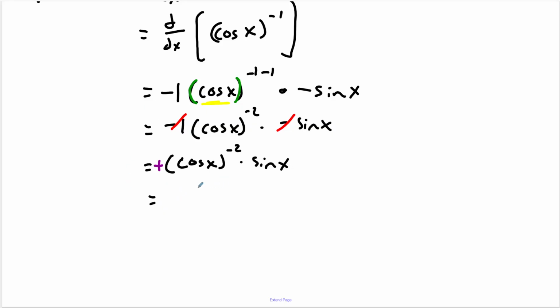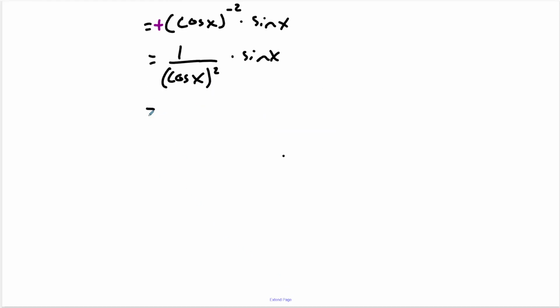Again, this can be written like this, or the common way it is written is 1 over cosine of x squared times sine of x. We can keep writing, doesn't matter. This is commonly rewritten as 1 over cosine of x times sine of x over cosine of x, and hopefully you realize that sine of x over cosine of x is just tangent of x.